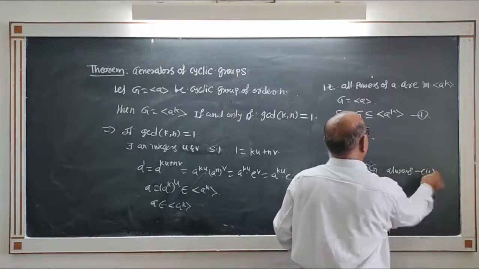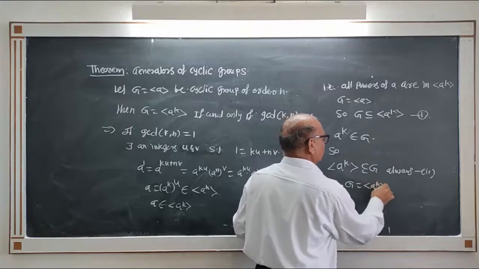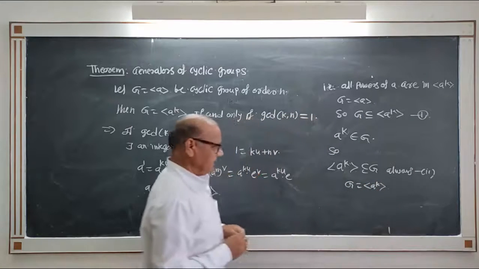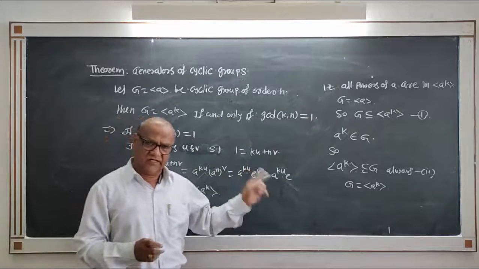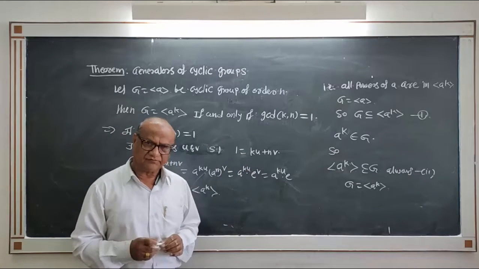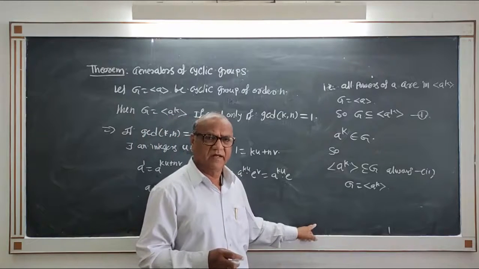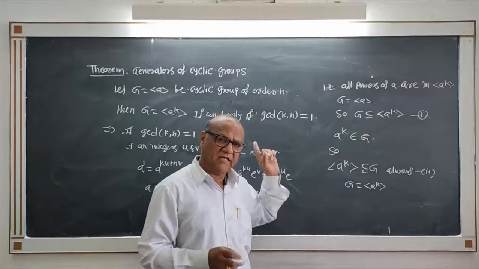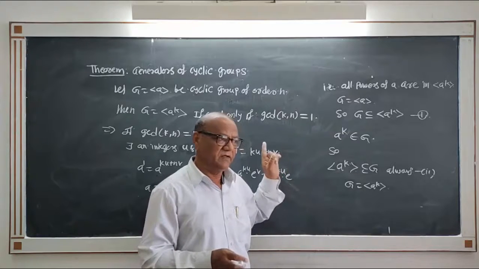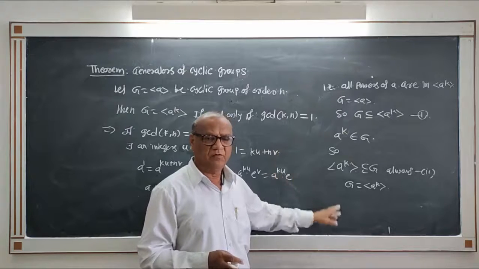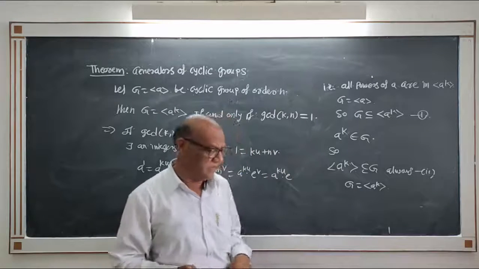Number 2, and this gives G is equal to a raised to k. That means if G is a cyclic group generated by a with order n, then a raised to k is also a generator of G if k is relatively prime to n.